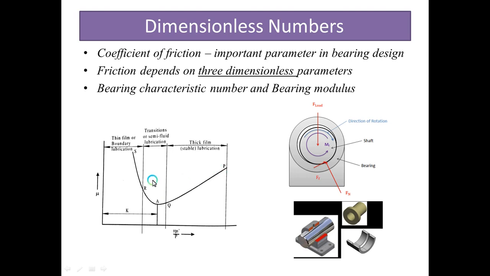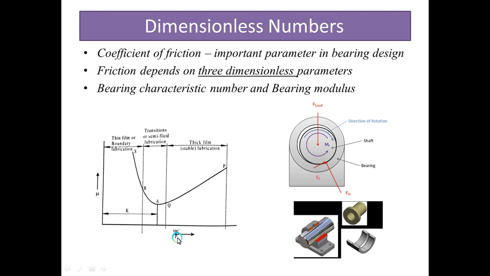So based on this, we can identify the variation of the coefficient of friction with different values of the bearing characteristic number. The part PQ represents thick film lubrication, and QR represents the region where viscosity or speed is low or pressure is high, where it is inversely proportional.